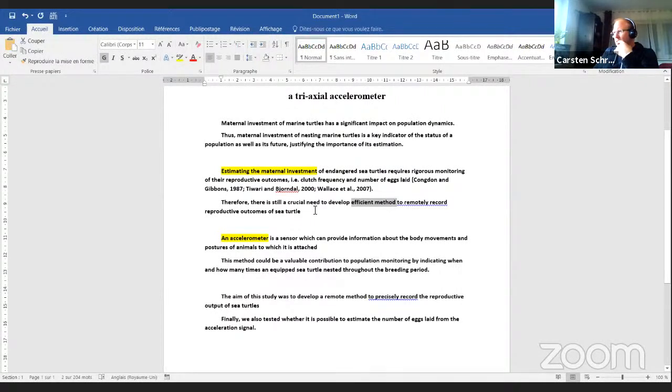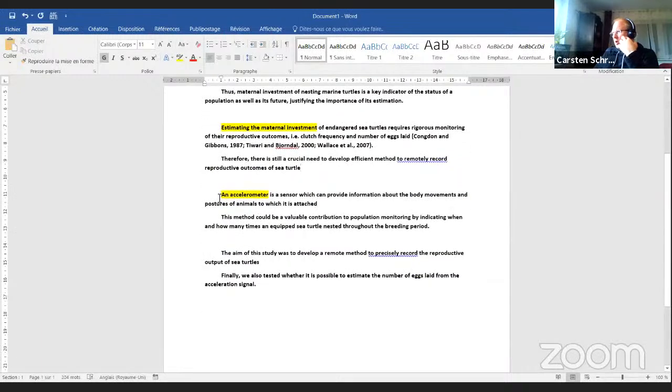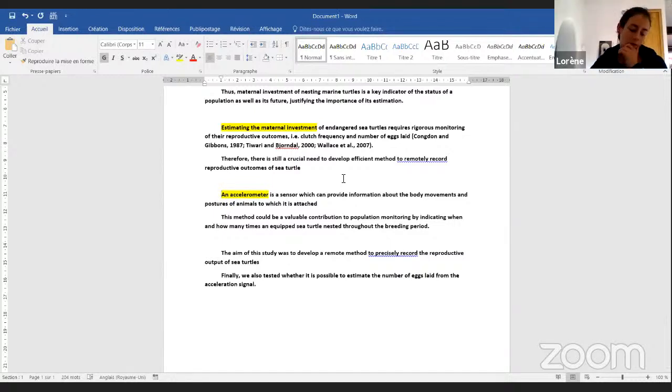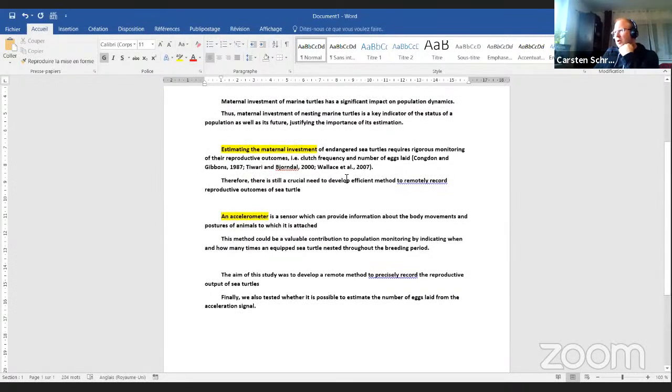So, I mean, you could rephrase the topic sentence to: an efficient method to remotely record behavior is provided by accelerometers attached to individuals, for example. Okay. Then it would be more clear the connection.